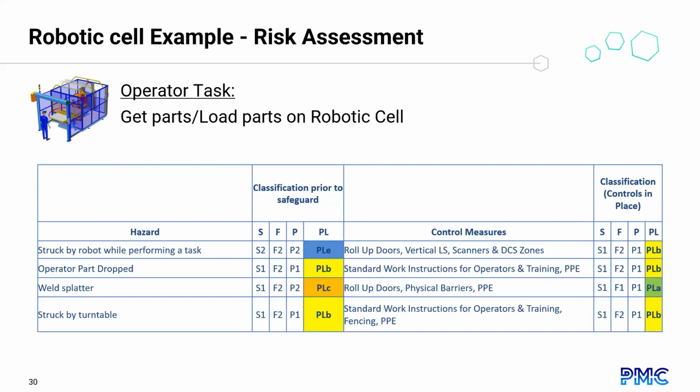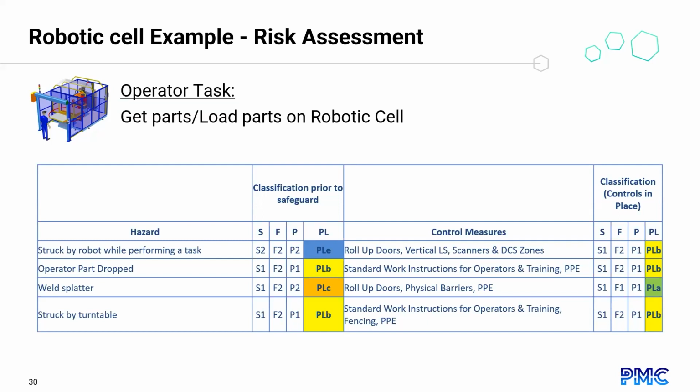The possibility of avoiding this hazard also changed after implementing the control measures because now he manages to avoid the hazard. It's not directly exposed. So we have a possibility of avoiding P1, and the combination of these three factors brings us the PLB performance level. So we go from a very high risk for the operator to a low risk for the operator in this particular activity.